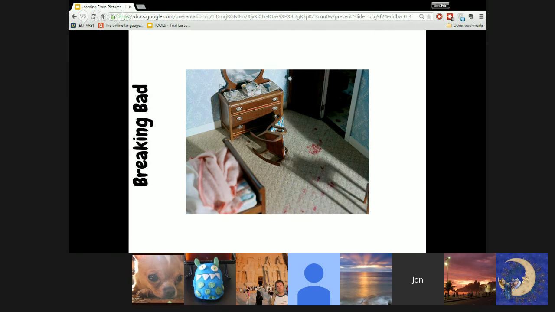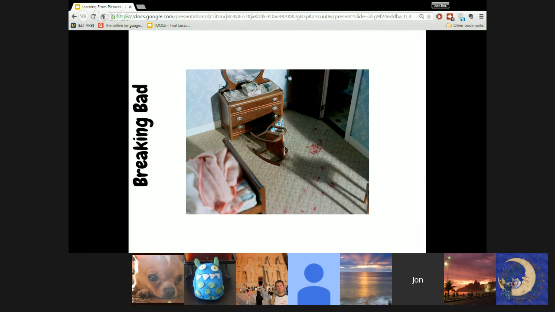Perhaps someone smashed through the window, and there was an altercation. Altercation means a fight. And in the altercation, we can see that the rocking chair was chipped and the mirror was slightly cracked.